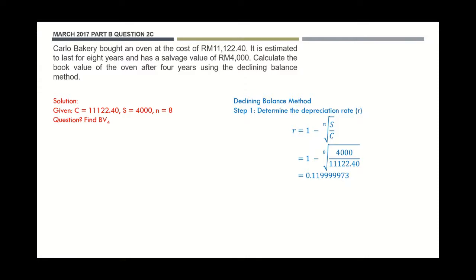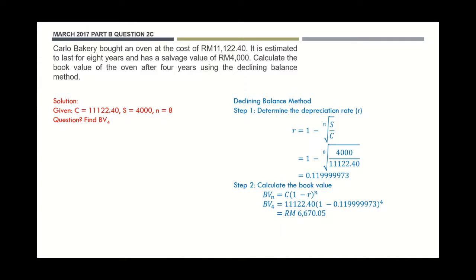All right. Okay, so once you have found the depreciation rate, then you can find the book value at the end of the 4th year. So using the formula to find the book value for the declining balance method, it is given that BVN is equal to C(1 minus R) to the power of N, where N here refers to the year that we are referring to.